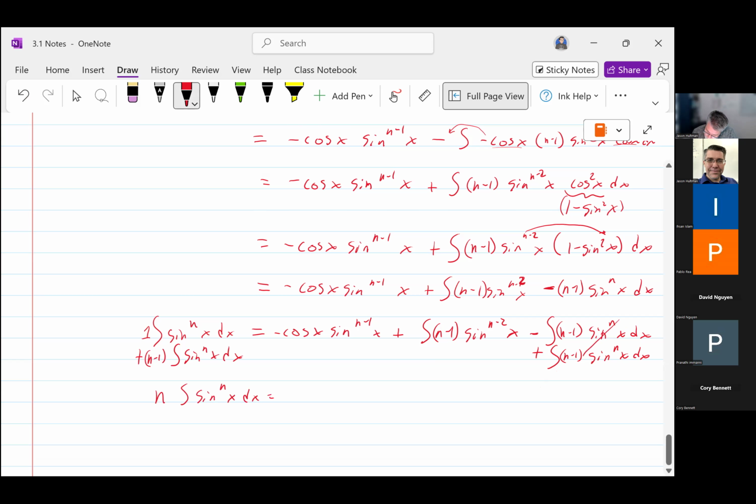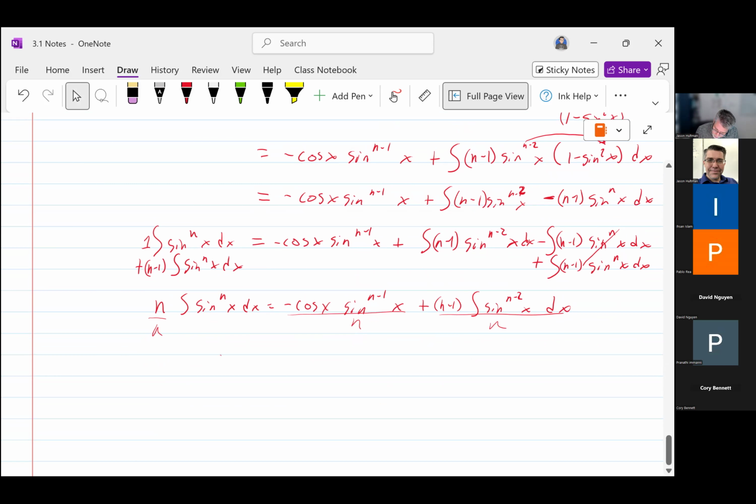It's n times the integral of sine to the n x dx is equal to, and I swear this is going to get nicer in a second, negative cosine x sine to the n minus 1 x plus the integral, I'm going to pull this n minus 1 outside, n minus 1 times the integral of sine to the n minus 2 x dx. There should be a dx here. And now all I have to do is divide by n. And we end up with what we were looking for.